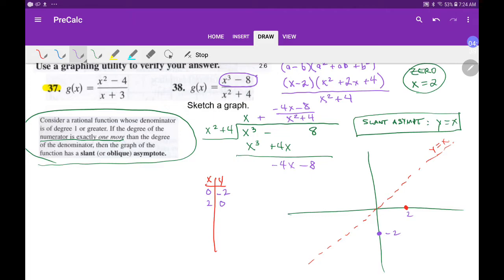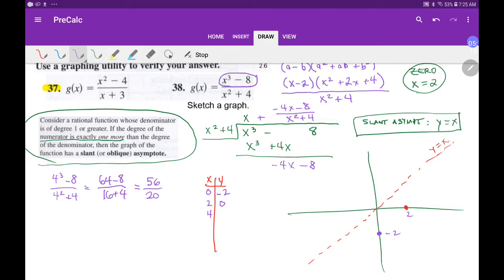And let's see, how about when I put in 4? What happens when I put in 4? Well, I get 4 to the third minus 8 over 4 squared plus 4. So that's 64 minus 8 over 16 plus 4. So we're talking 56 over 20.